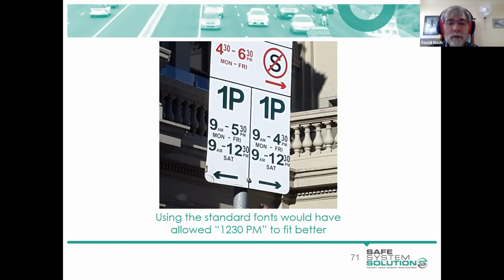So if you use the standard fonts, it's narrower fonts. I think it's Series D rather than Series E or something like that. And you notice how the 12:30 p.m. is almost falling off the side of the sign here and touching the line there.